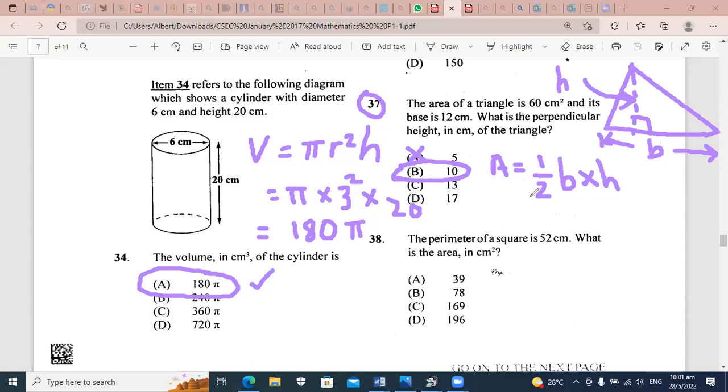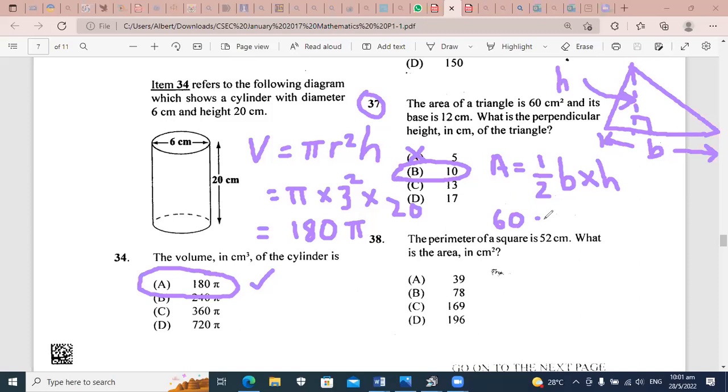Let's remember that after 60. No, it wouldn't be half of. Tell you what, we're going to use a formula. What's the area of the triangle? 60 centimeters. So you replace A with 60.